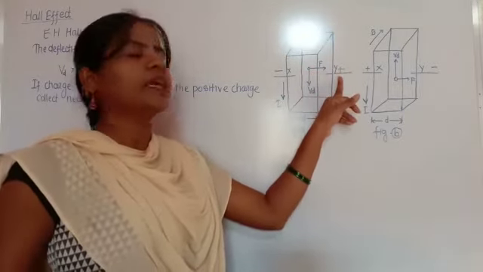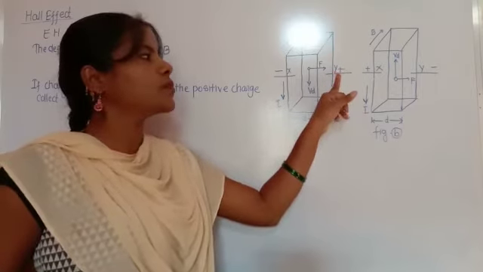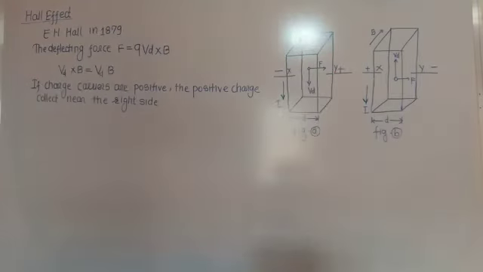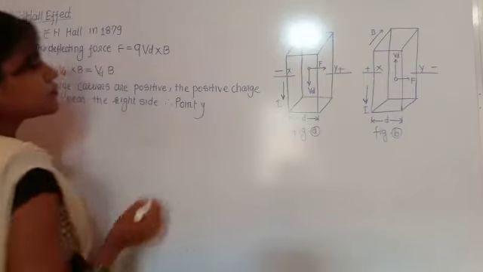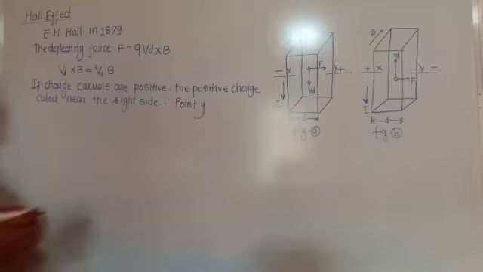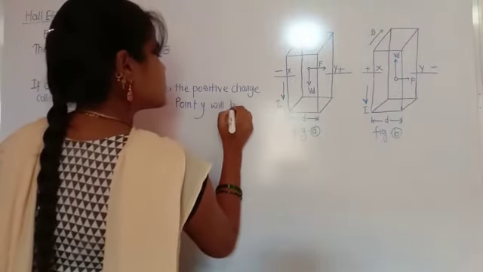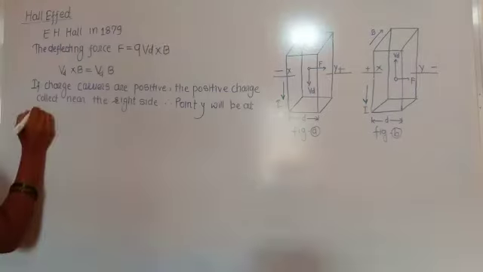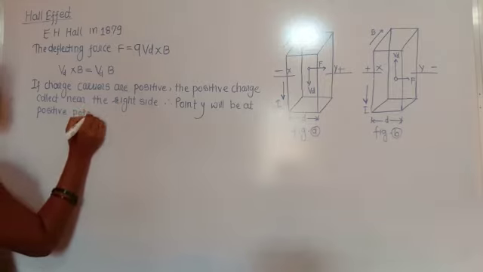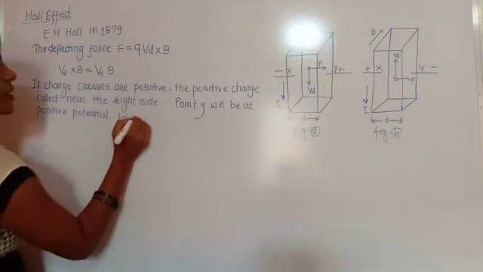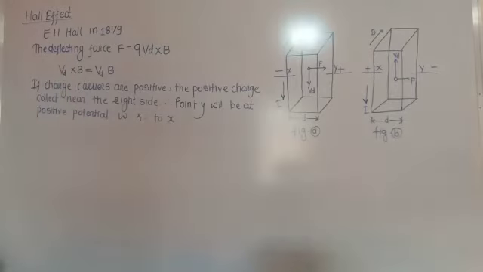So that's why Y is on the positive side, means Y carries positive charge. Point Y will be at positive potential with respect to the point X.